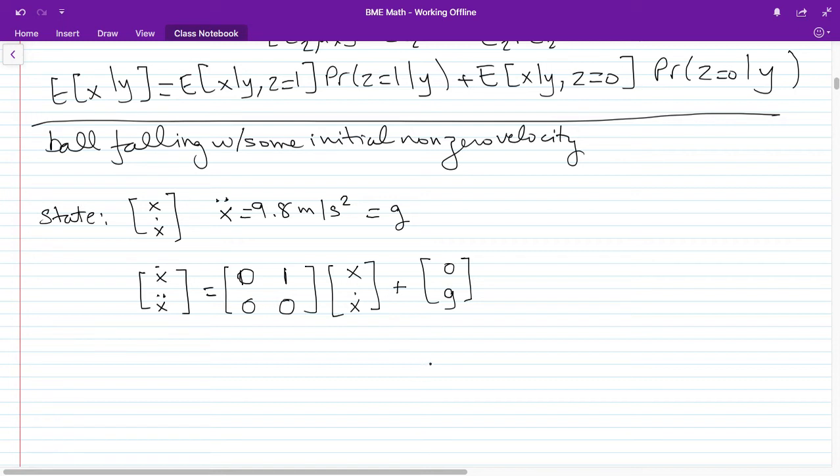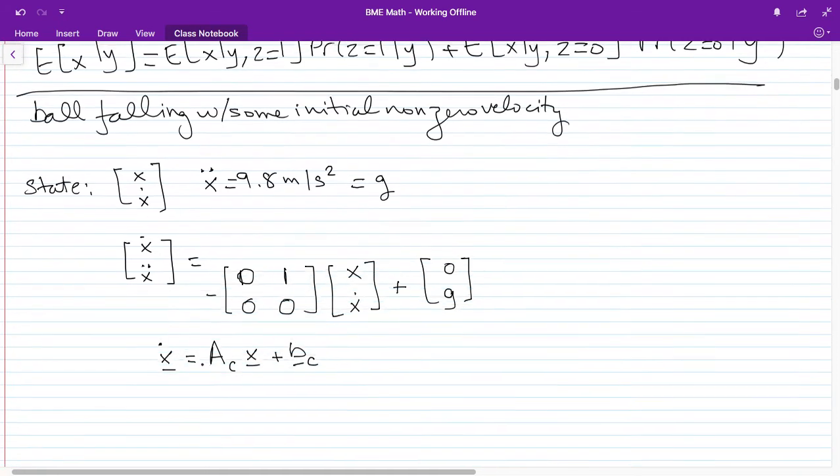Acceleration is not state dependent. It's just a constant. So I just wrote x double dot is equal to g basically with this equation. This is our continuous form representation of dynamics of the system. So if I write this in vector form, x dot is equal to this matrix A, I'm going to put a C on it to illustrate that it's continuous, times state x plus vector B, C.